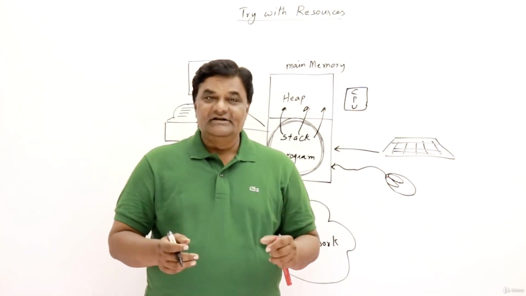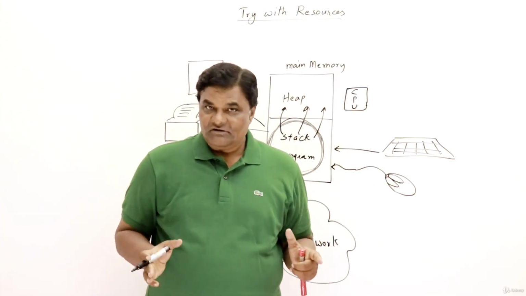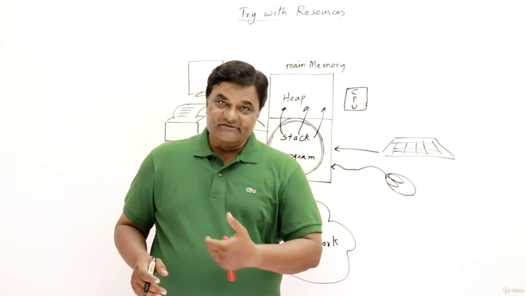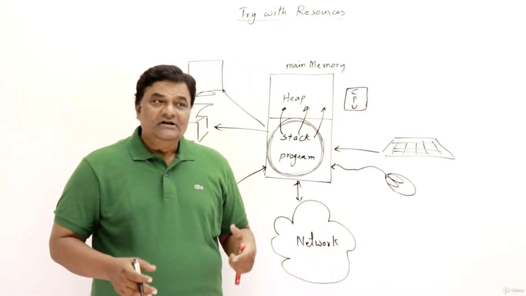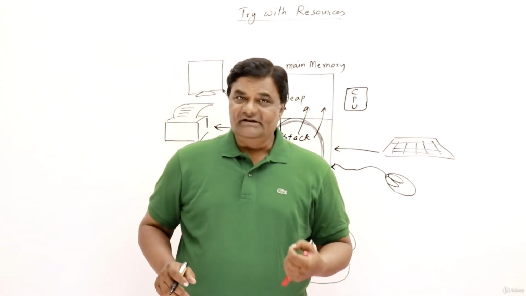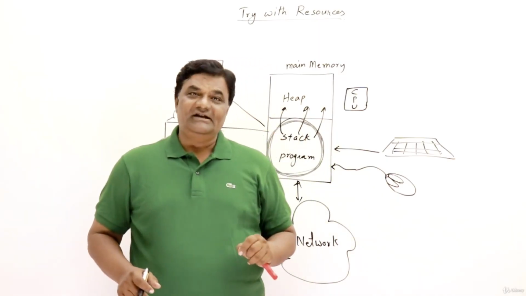Just imagine that you are in a college and a lot of resources are available in a college, like book is available, apparatus or equipments are available, devices are available. If you are studying in a college, you can borrow a book, and you should return it when you have finished using that book.